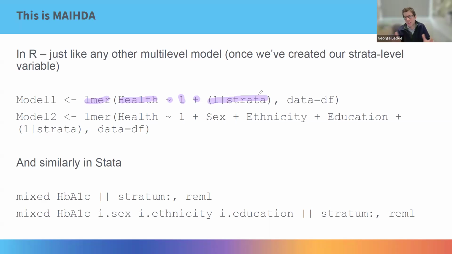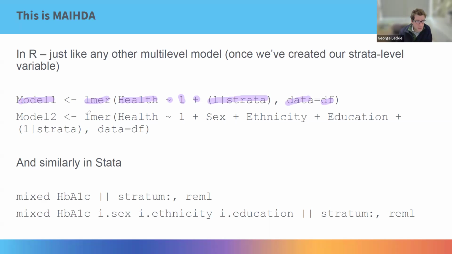Strata and intersections are synonyms. You can use one or the other in this literature. That allows the mean health to vary across the intersections. And you've got a reference to which data frame the data are in, called df in this example. That's model 1, and we assign results to the object model1.